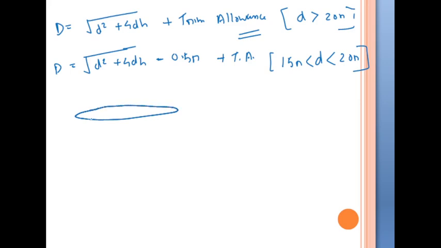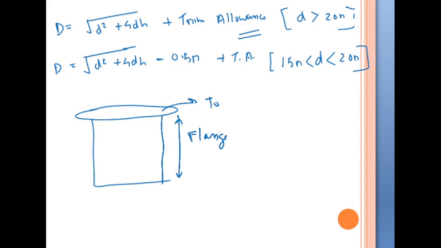So the final product that will be obtained, let's say this is the final product, this particular region is called the flange region and this is called the top. Mainly two types of defects are witnessed in this sheet metal drawing operation.